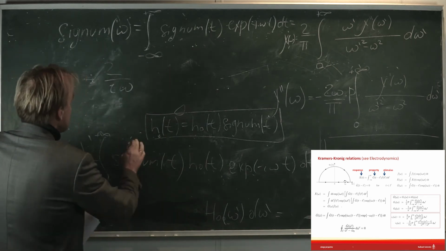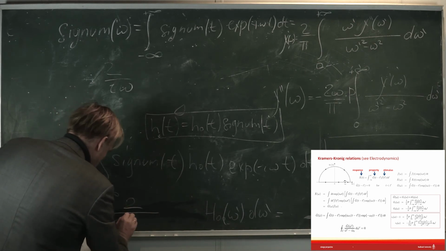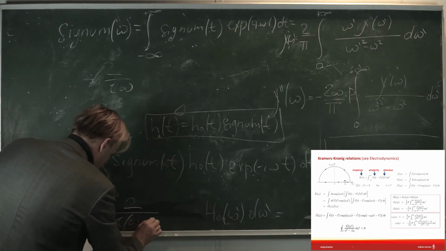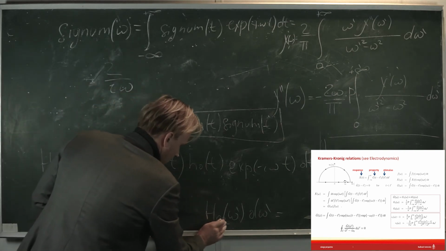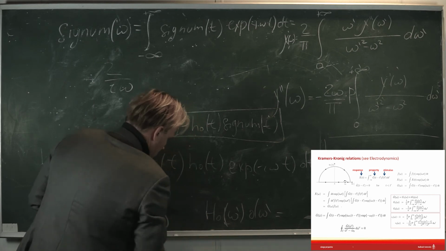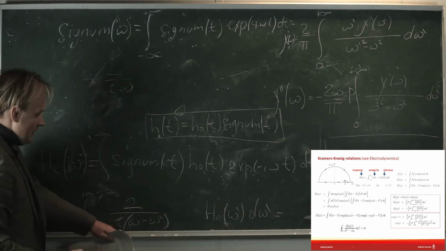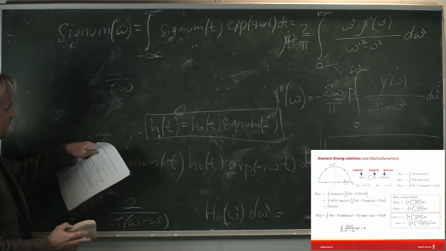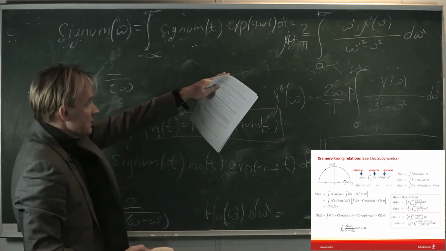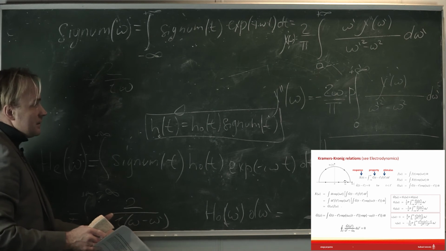And this, as we showed above, is 2i. If you compare this, of course, here we have different limits of integration compared to the final expression here. But the main features you will recognize.